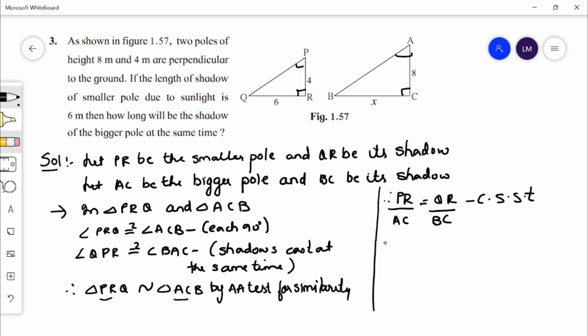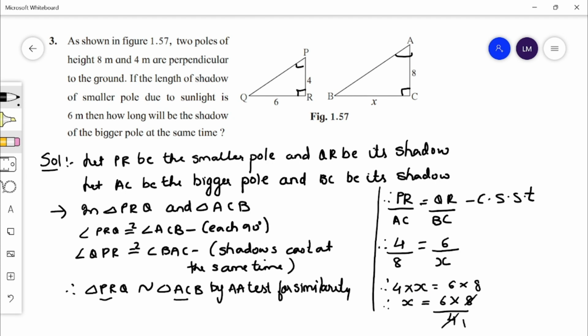Now we will put the values. The value for PR is 4, the value for AC is 8, the value for QR is 6 and the value for BC is x. Therefore 4 into x is equal to 6 into 8. Therefore, x is equal to 6 into 8 upon 4.